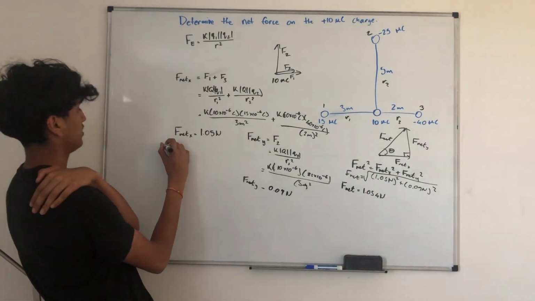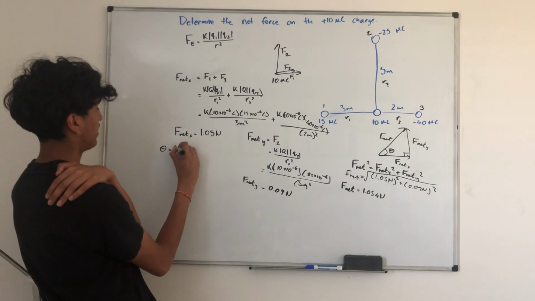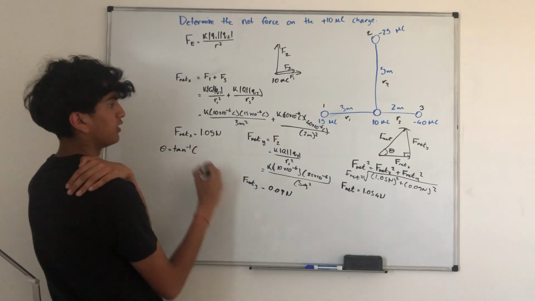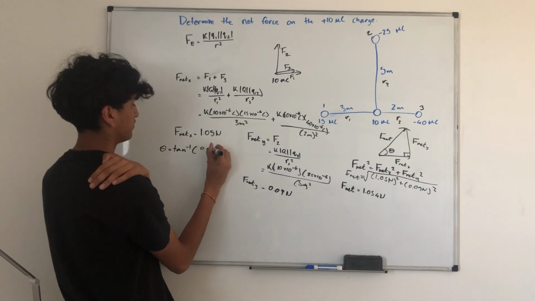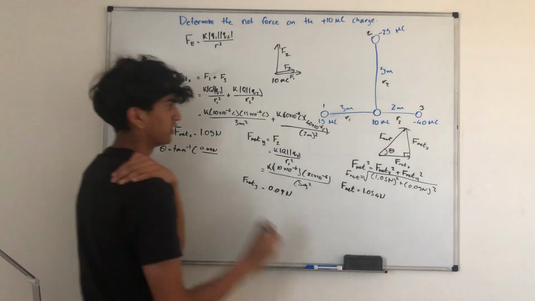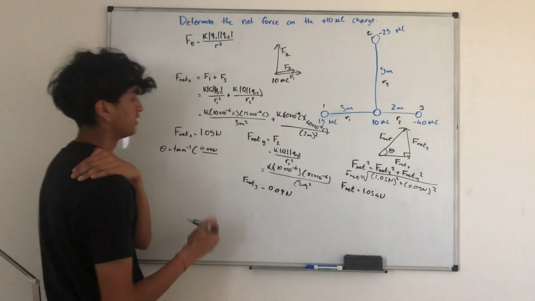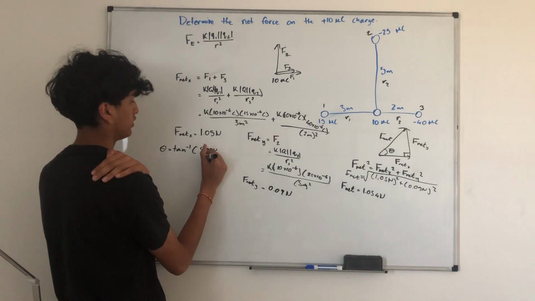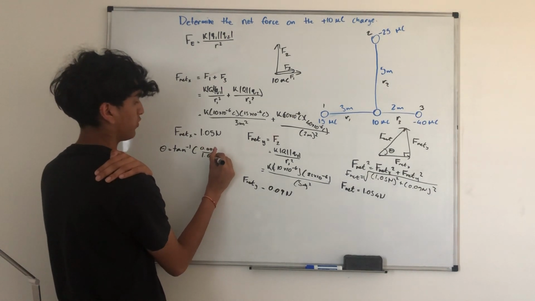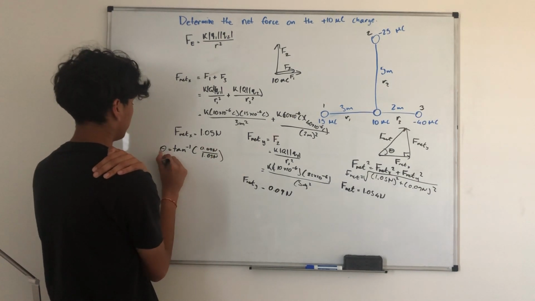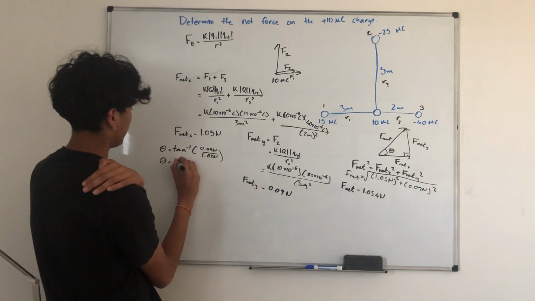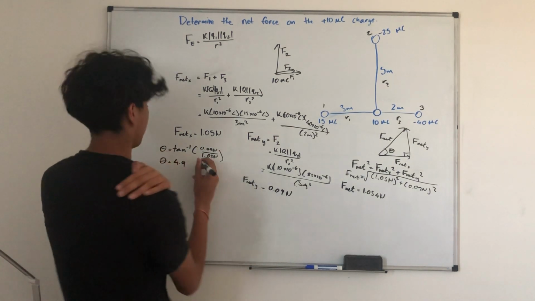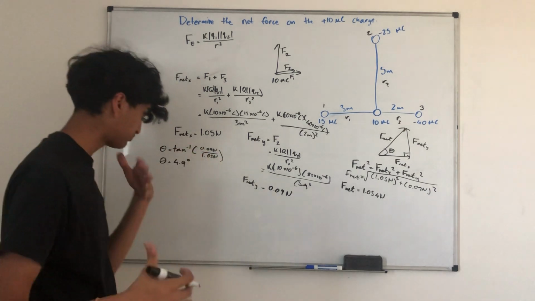So theta is going to equal tan inverse of my opposite, F net y, which we found was 0.09 newtons, over my adjacent, which is 1.05. And when you do that, you get a theta of 4.9 degrees.